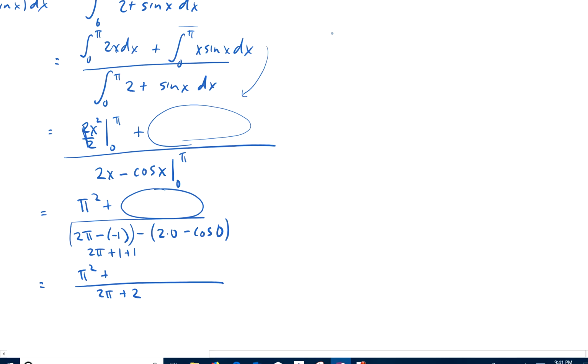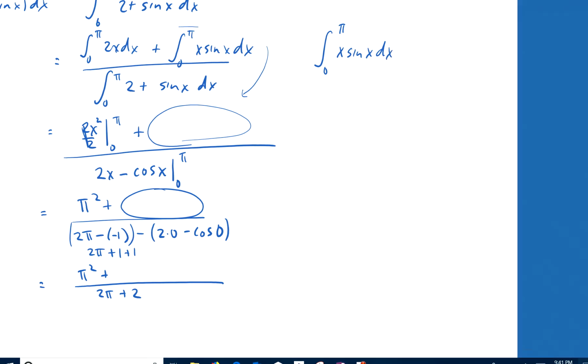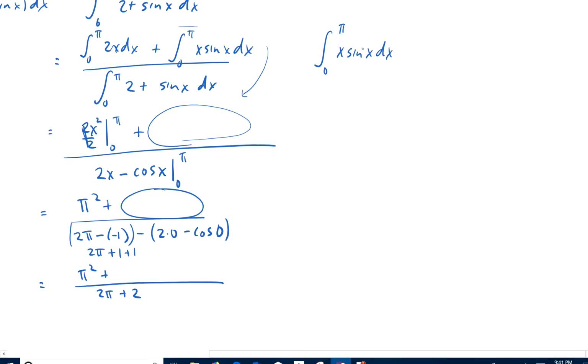Okay, I've got to do this. I want to do this just as a good reminder. So I'm going to do it by parts. I'm going to let u equal x, dv equals sine of x dx.